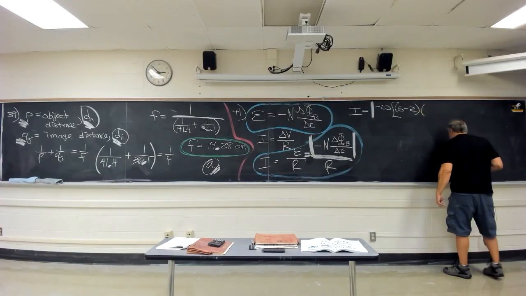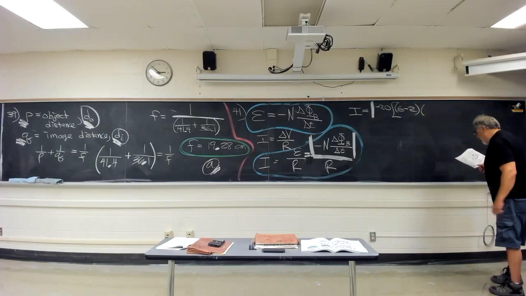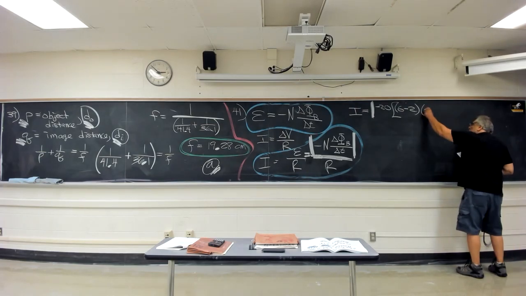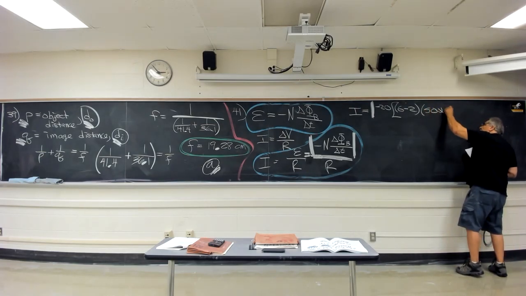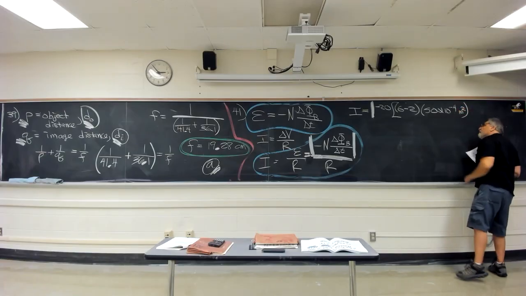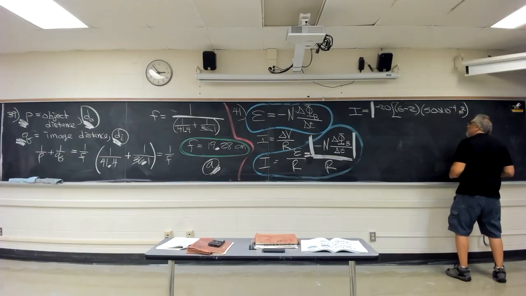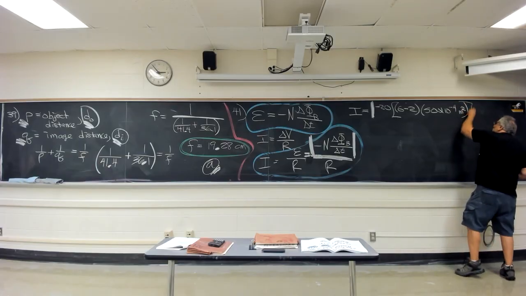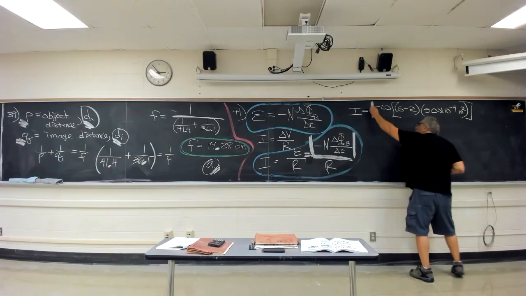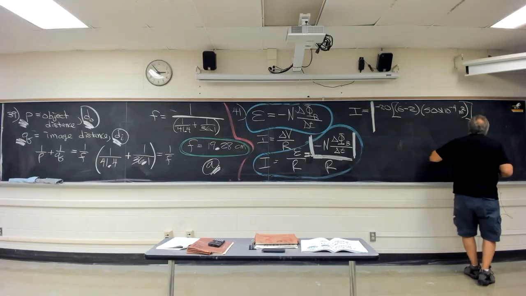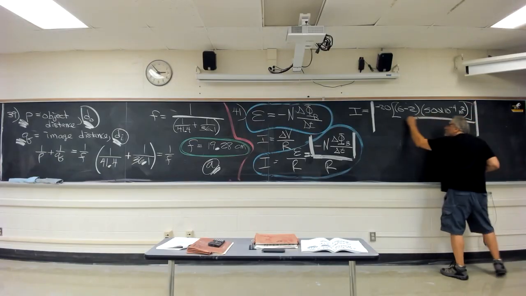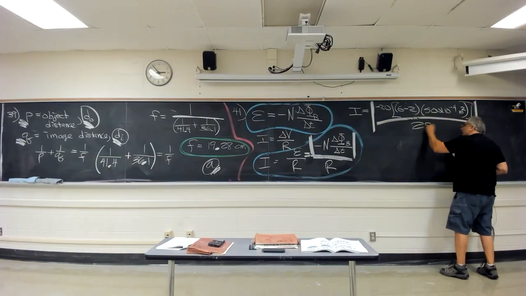There are 50 square centimeters. 50 square centimeters are 50 times 10 to the negative 4 square meters. This is all happening in 2 seconds.